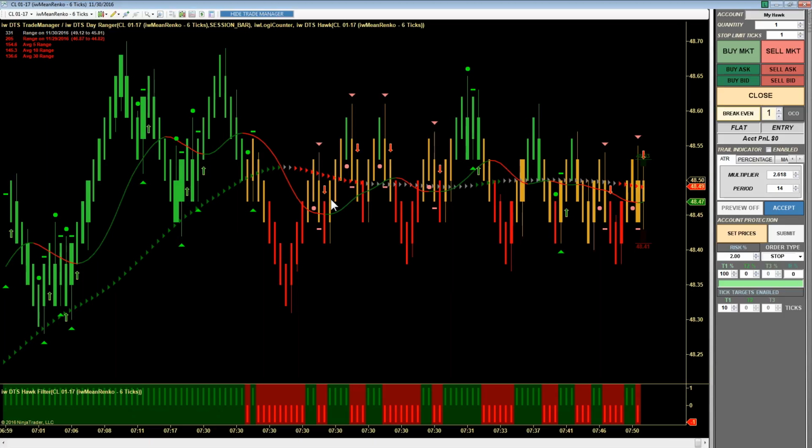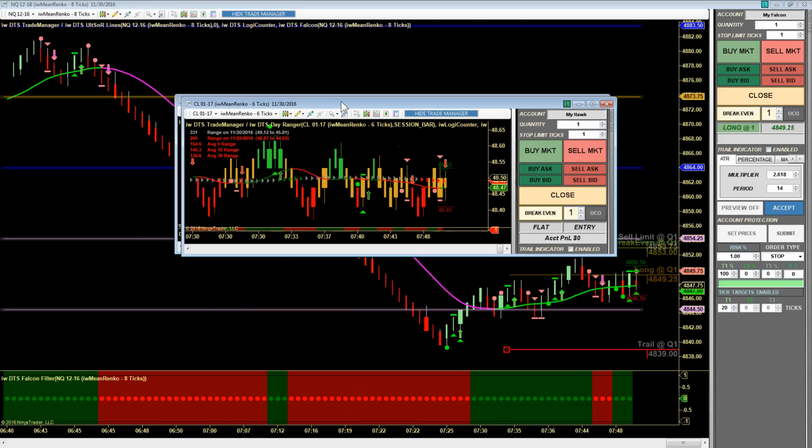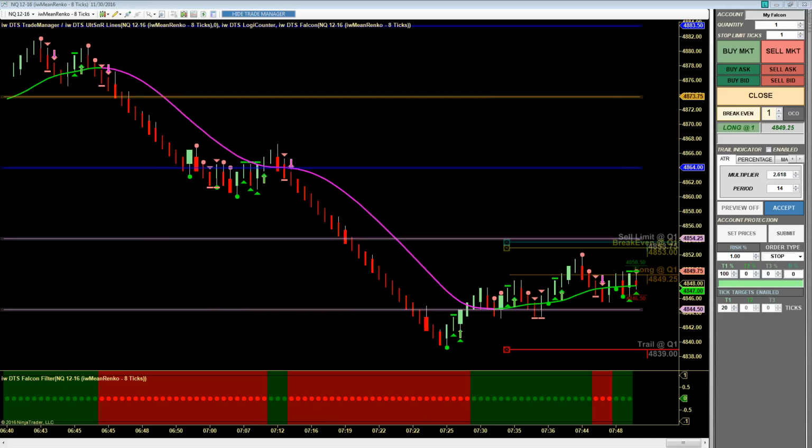The yellow bars on the Hawk tend to print when the market is in a choppy phase. And you can see on your filter as well, it looks pretty much like a tartan. So it's definitely a sideways market. That is a little bit surprising. We don't always see big moves out of the crude inventory, but we normally see some sort of move.